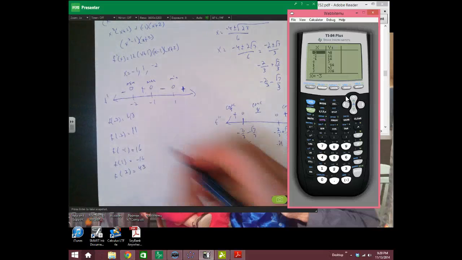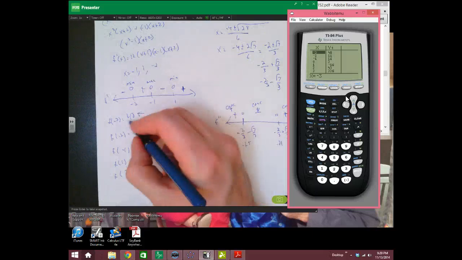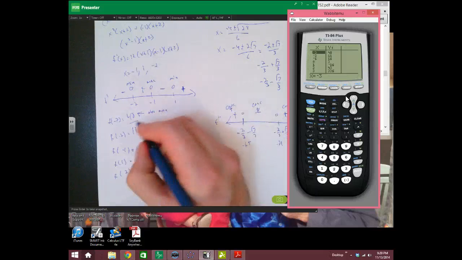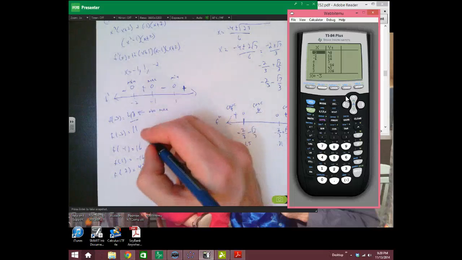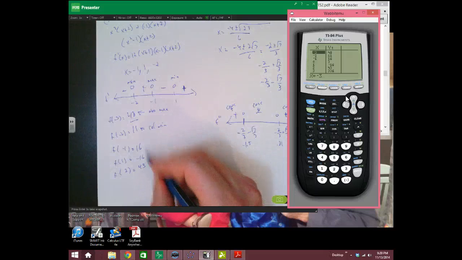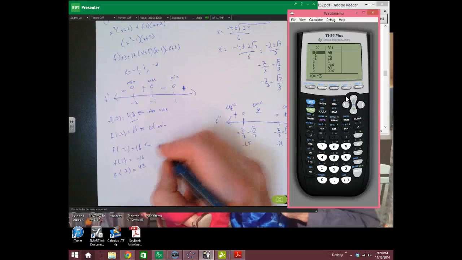Okay, so, again, I know the endpoints, that's the highest value, so that's the absolute max of 48 at negative 3. Negative 2 is a minimum, and it's just a relative min, because negative 16 is below 11, so I know it's just a relative min. 16 at negative 1 is a relative max.